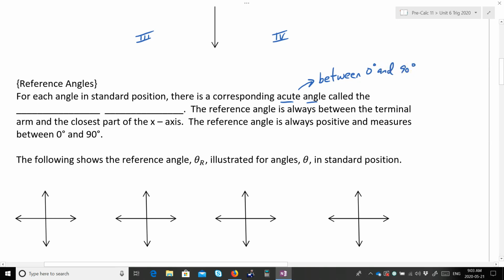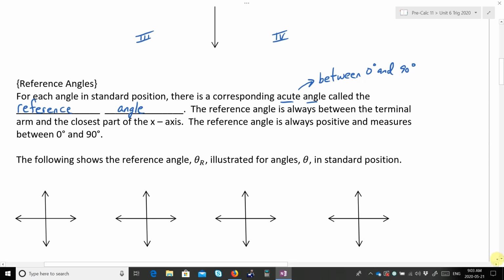So there is a corresponding acute angle called the reference angle. The reference angle is always between the terminal arm and the closest part of the x-axis. I'll show you what that means in a minute. The reference angle is always positive and measures between 0 and 90 degrees.